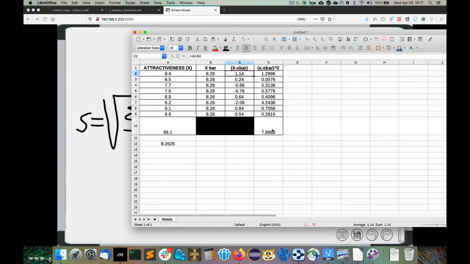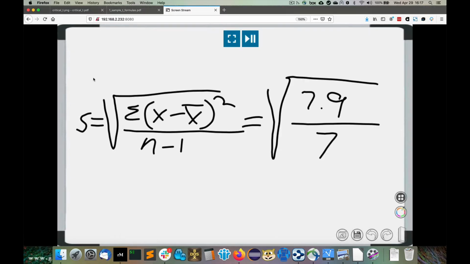Let me go back to the table here. So don't forget, we already calculated that number, that 7.9. It's that number right here. And then n minus 1 is 8 minus 1, which is 7. Okay.